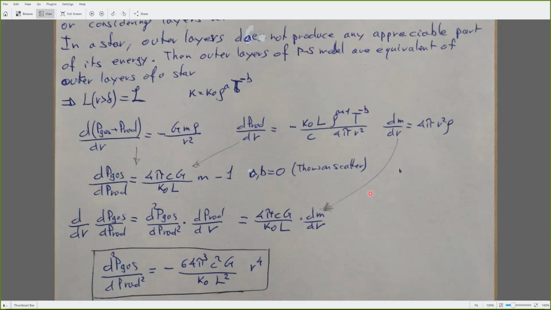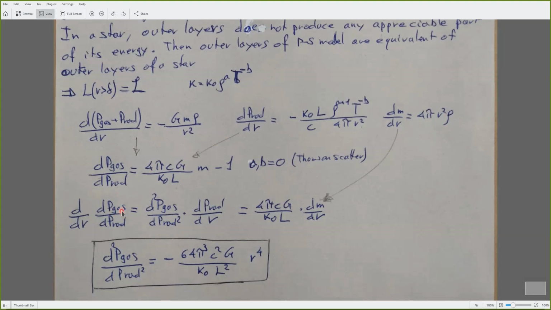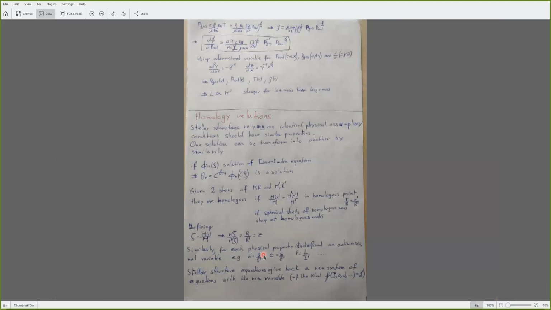And continuity, putting inside, you imagine a little, doing here a second derivative, so you take away this one, and you got this equation that can be assumed in this way, with the second derivative from gas pressure and pressure of radiation, it's equal to this constant multiplied by the radius to the 4th power.